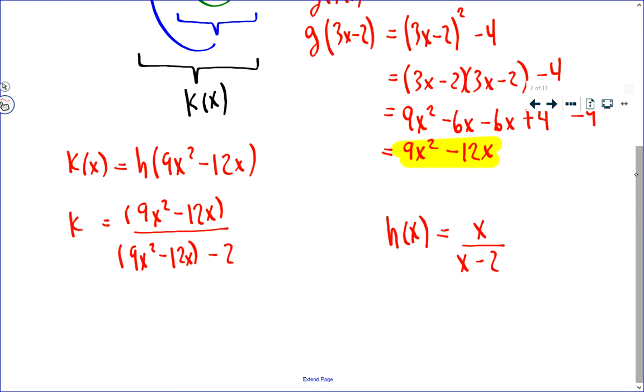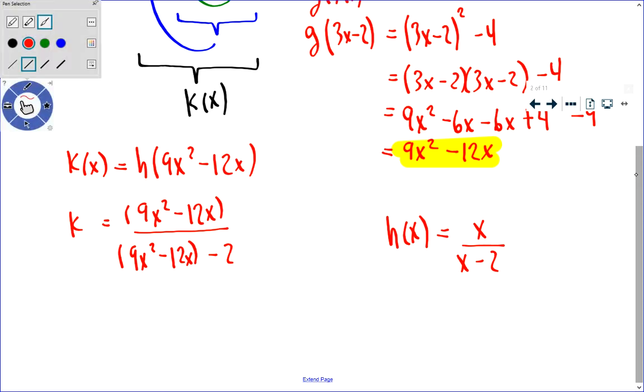And we can remove those brackets now. Those brackets were there just for me to show you the substitution that's going on. I really want to drive home the fact that that 9x squared minus 12x is the input in h.